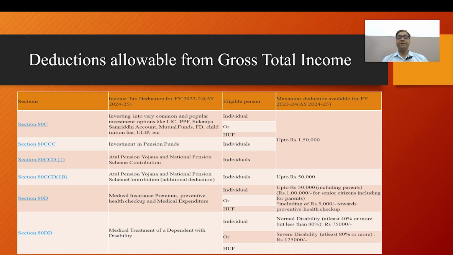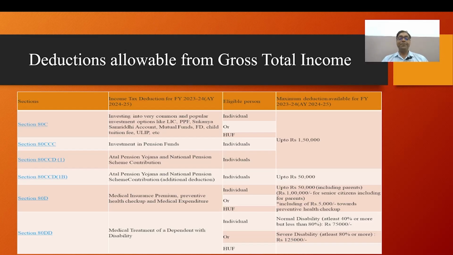If a person has a normal disability, at least 40% or more than 80%, it is 75,000 rupees, whichever is lower. For severe disability, at least 80% or more, the amount is 1 lakh 25,000, which is very high.